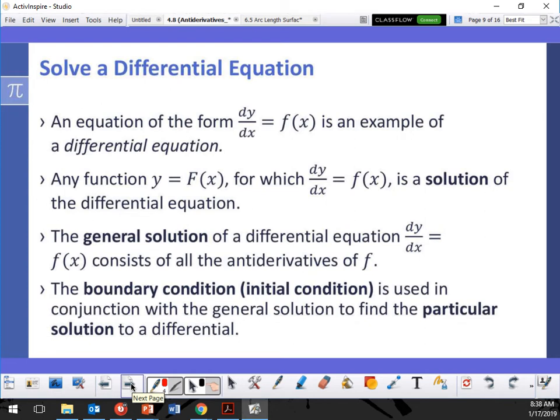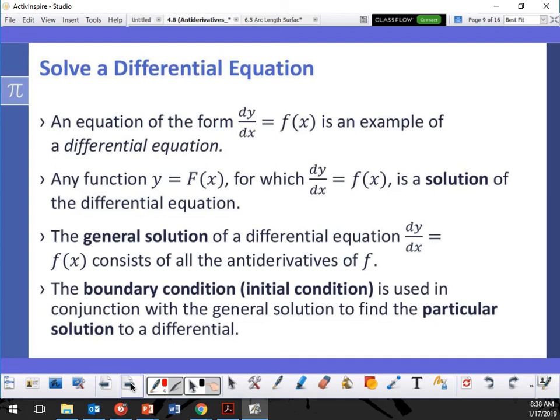Anyway, an equation of the form dy/dx equals f of x is an example of a differential equation. A general solution of the differential equation consists of all the antiderivatives of f.